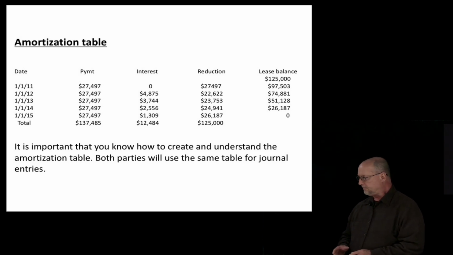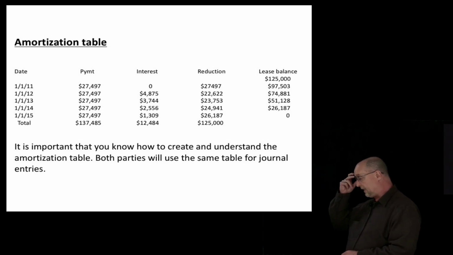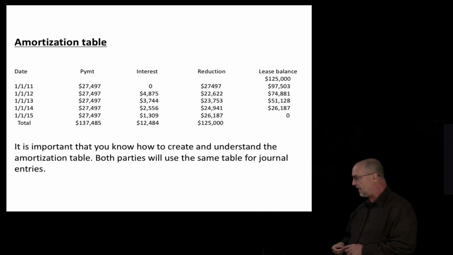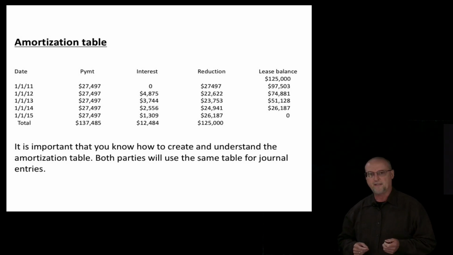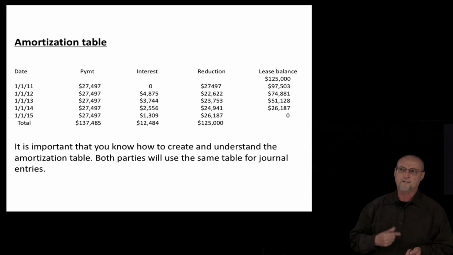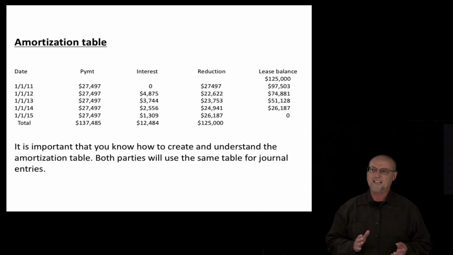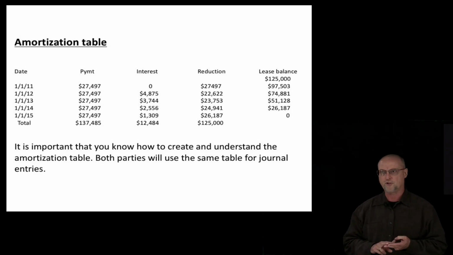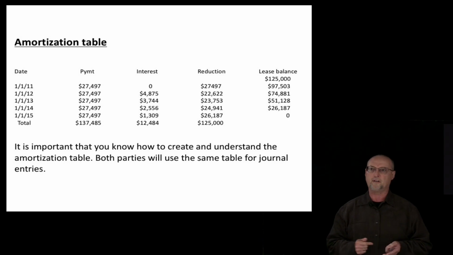Now, we can see the fair value at the beginning of the lease is $125,000. There are my 5 payments at the beginning of each year. And notice, since we're making the payment on the first day of the year for year 1, no time has lapsed, so there's no interest calculation. So notice the interest expense for the lessee, or the interest revenue for the lessor, is 0.